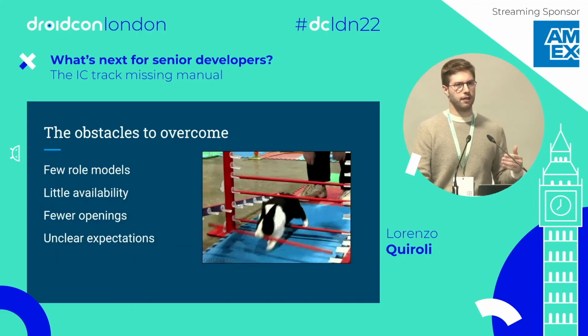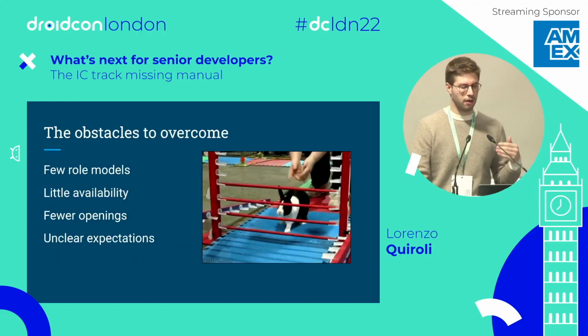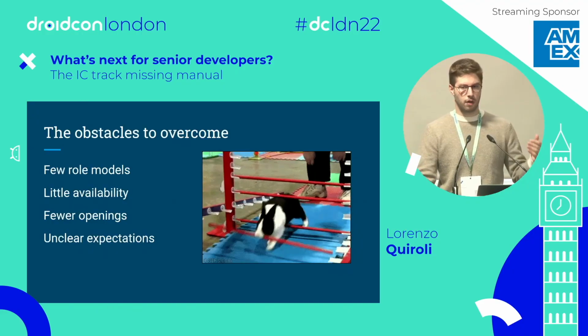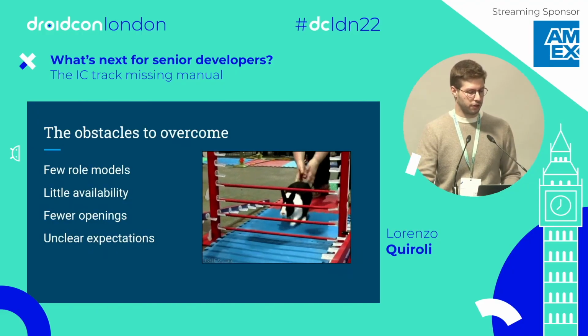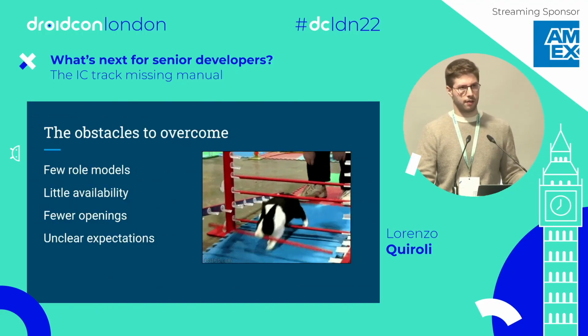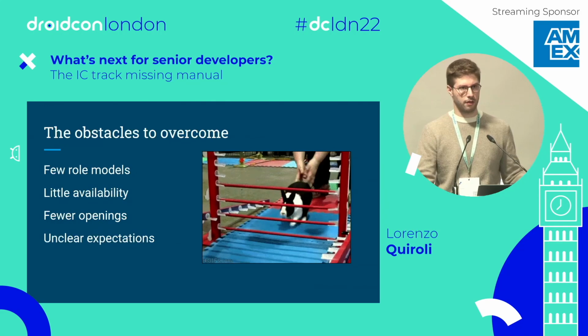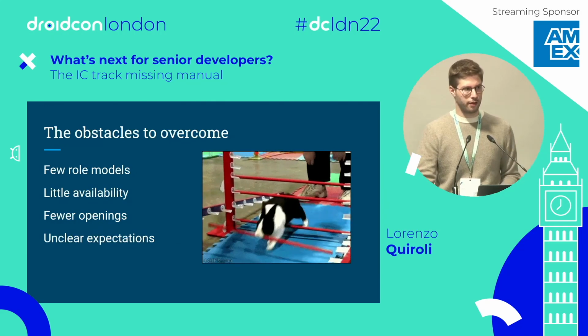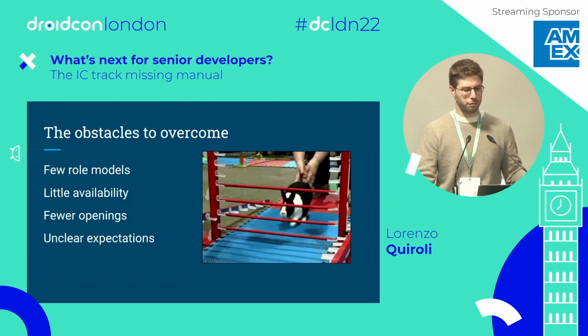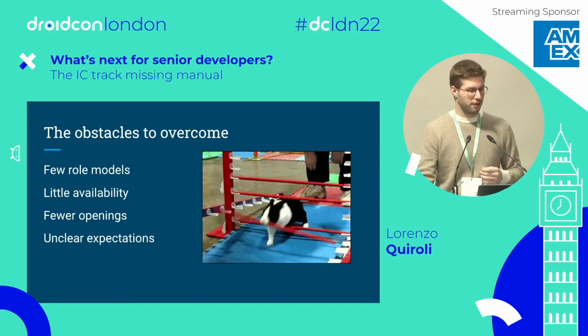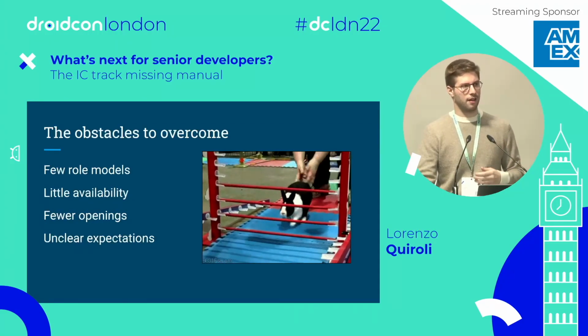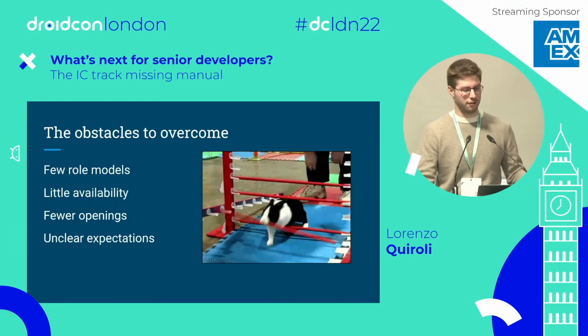And finally, even if your company does provide a path to become staff engineer, what is expected from you, what you have to do to get there, might not be very clear. Sometimes the description is just about some behaviors that are very difficult to action.